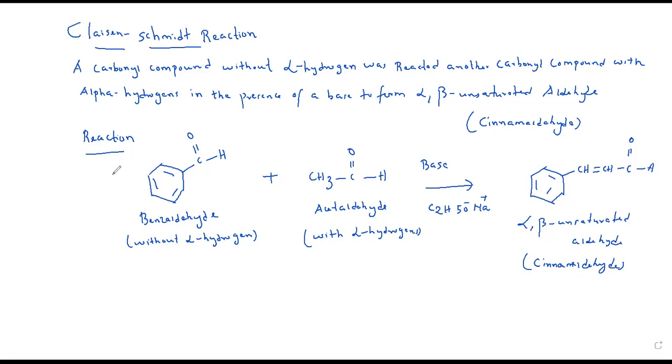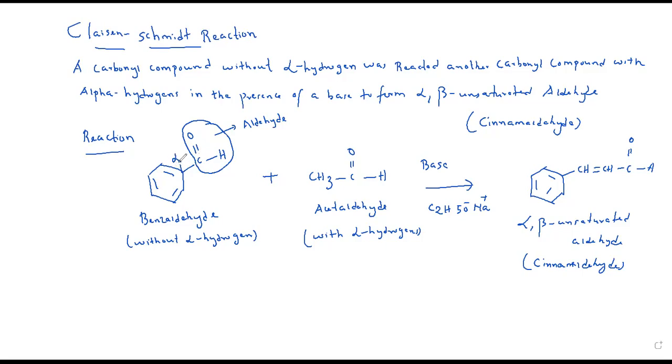Now I'll try to explain this reaction. So I have taken one carbonyl compound, that is benzaldehyde, without alpha hydrogen. First, listen to what is meant by alpha hydrogen. Now look at here. What is this group called? So this is called the aldehyde functional group, right? The carbon atom which is present adjacent to the functional group, you can call it the alpha carbon.